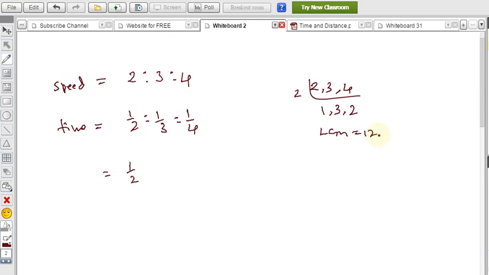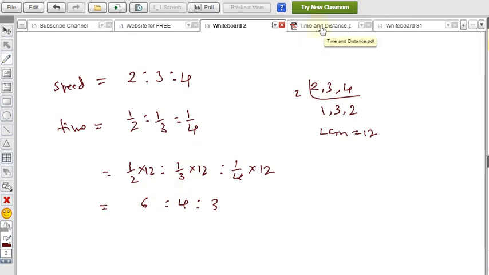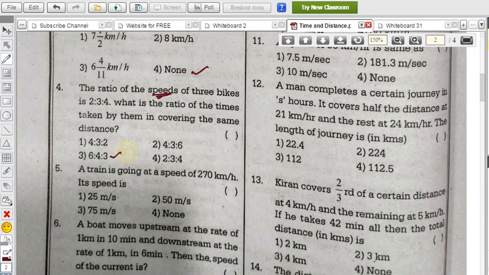With this LCM, we just multiply every fraction: 1 by 2 into 12, 1 by 3 into 12, 1 by 4 into 12. If we calculate, simplify, 6 is to 4 is to 3 is the ratio of the times taken by them in covering the same distance.